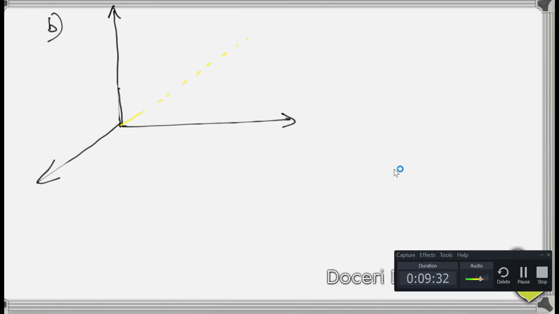So x equal to minus 1 means somewhere here, and y equal to 2 means this point. Okay, so from this point the filament is going parallel to z axis.